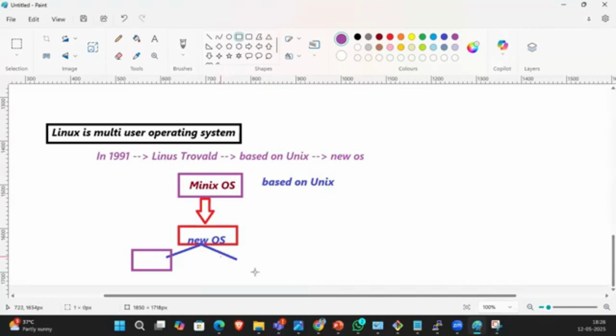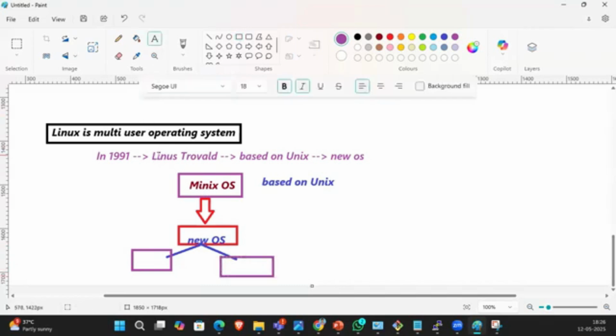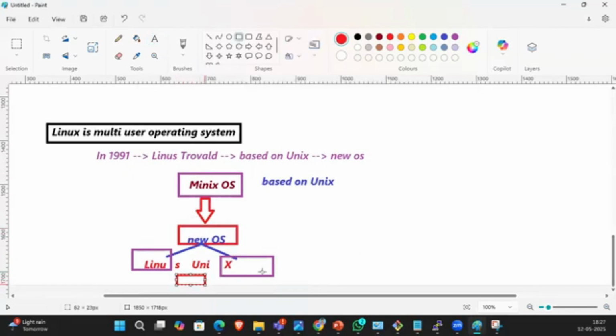What is his name? Linus. He took the first letters from his name, Lin, and he took the last letter from Unix. Then he created Linux.